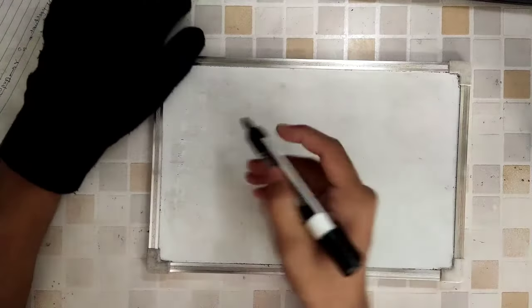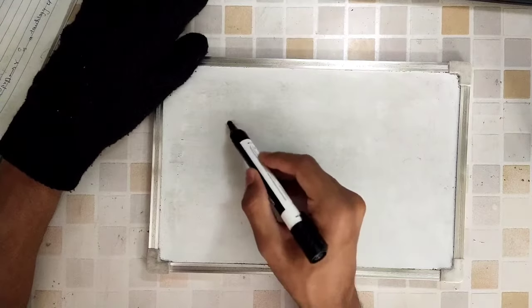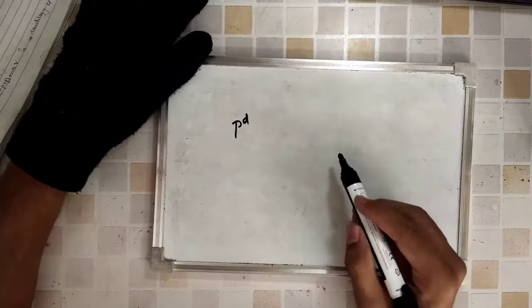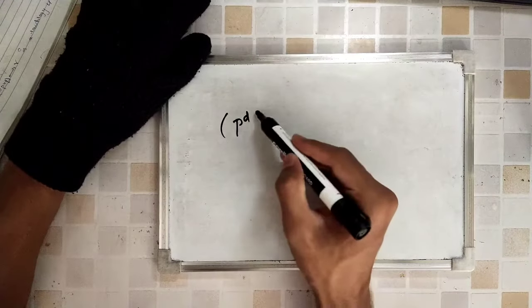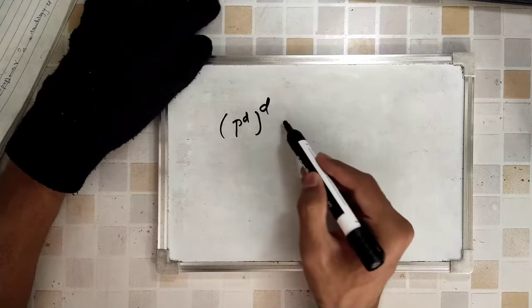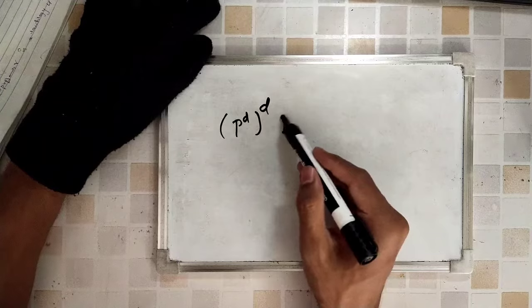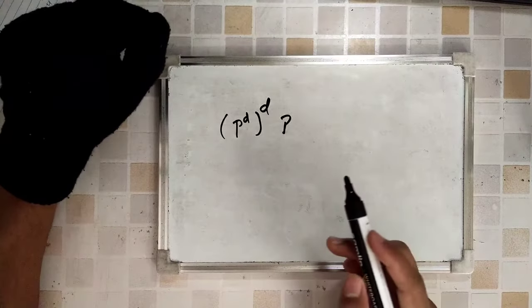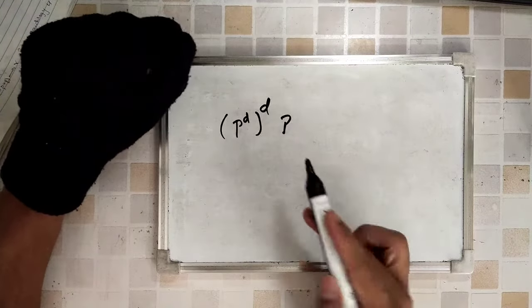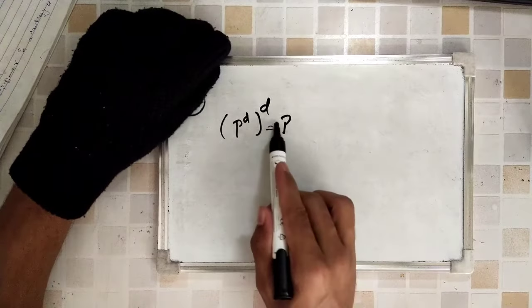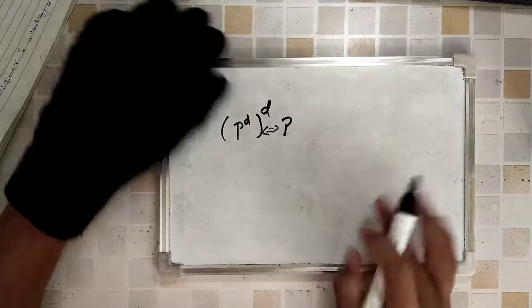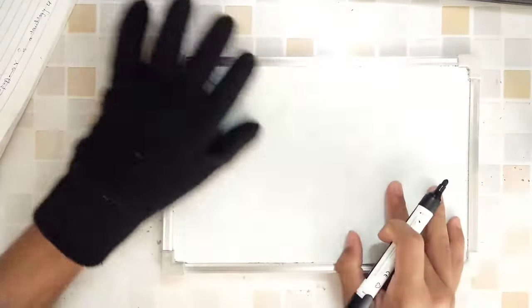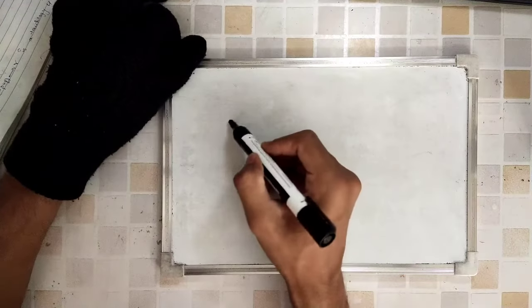Duality is represented by P of D. Duality of duality is again P itself, just like double negation: negation of a negation is P, and like that duality of duality is also equal to P. So you don't have to worry about that.